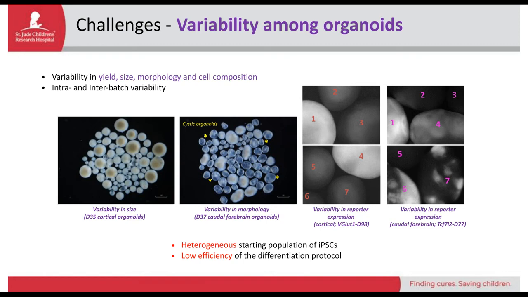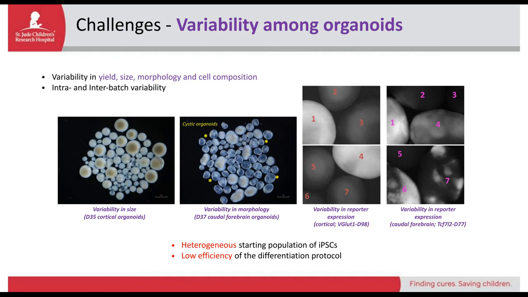The process of differentiation starts with dissociating these iPSCs into single cells and then reaggregating them in defined cell numbers. The proportion of good and bad iPS cells that you end up plating in every single well of that 96 well plate might be different. So your starting EB might be very heterogeneous within a single 96 well plate, as a result of which the organoids that you get eventually from those EBs will also be variable.